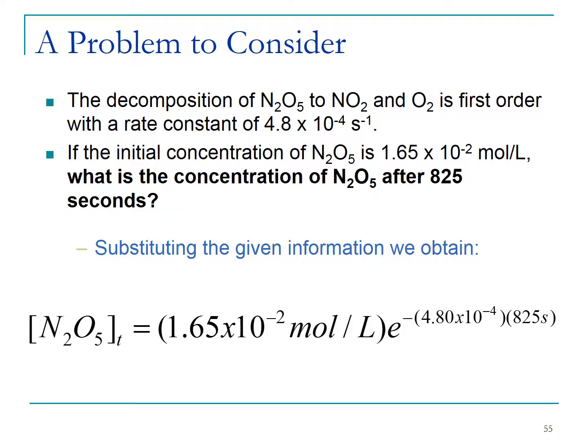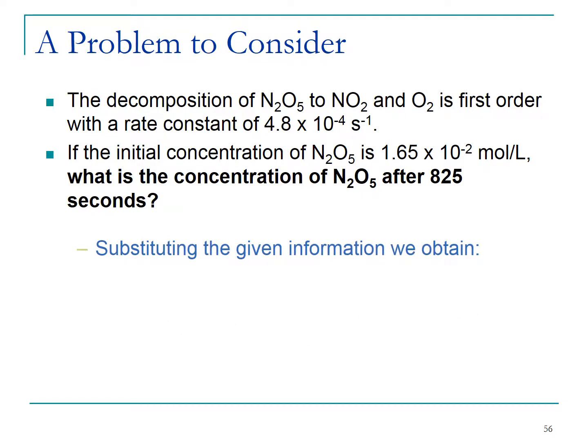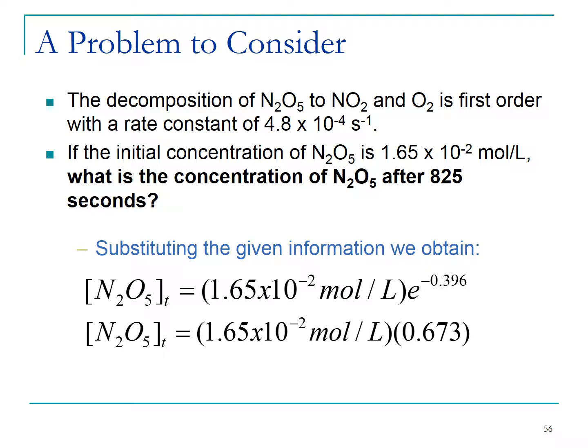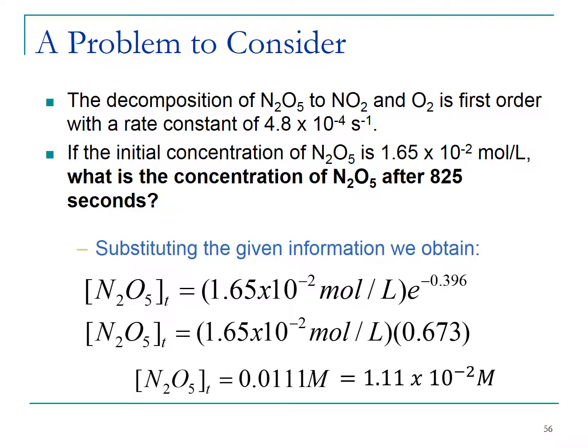Plug those numbers in and do the math. So substituting the information, we get 1.65 times 10 to the minus 2 moles per liter times e raised to the negative 0.396. e to the negative 0.396 is 0.673. Multiply that by the initial concentration, and we get the answer 0.0111 molar, or in scientific notation, 1.11 times 10 to the minus 2 molar.